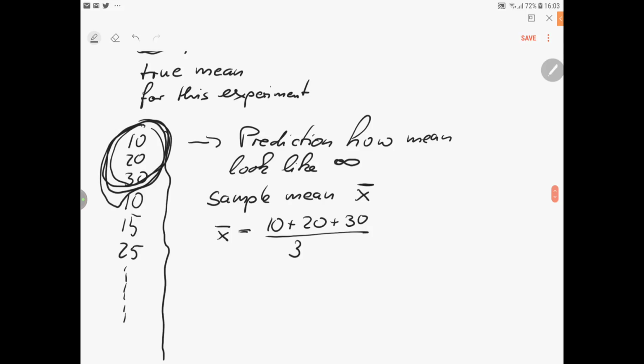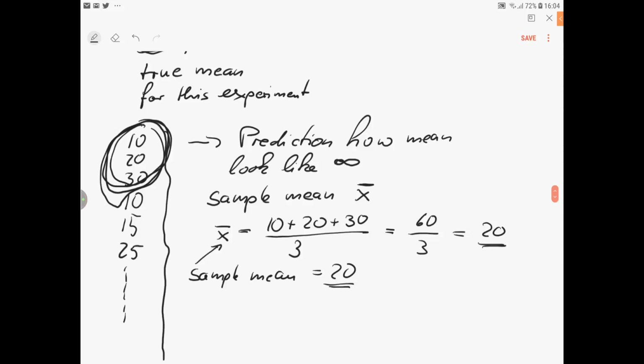That gives us 60, divided by 3 equals 20. So the sample mean is 20 in this case.